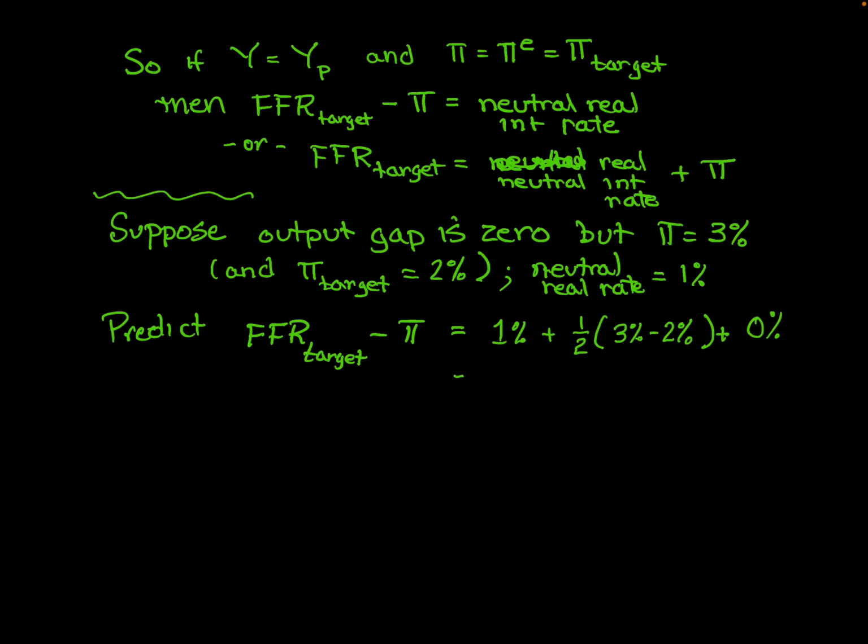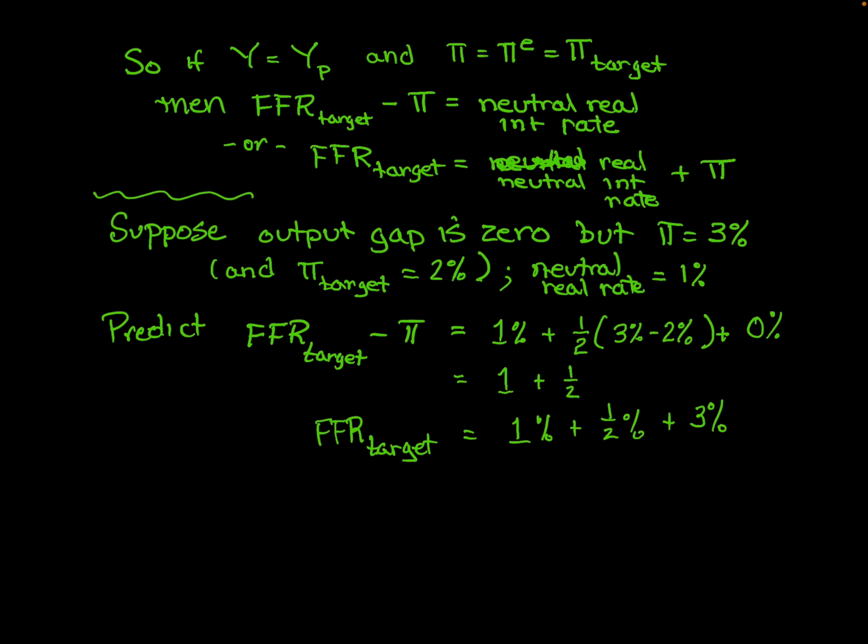And so this would be 1 plus 1/2 would be the Fed funds rate minus the rate of inflation. And so therefore the Fed funds rate that it would target would be 1% plus a half of a percent plus the rate of inflation.